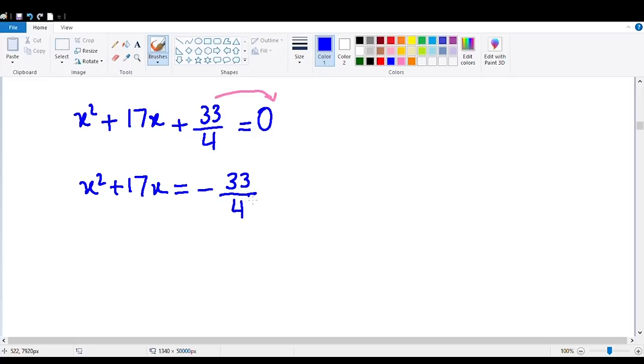So basically, if you get rid of the fraction over here, you're going to have to get into fractions afterwards, because if you multiply by 4 everywhere and you take the constant to the other side, then you need x's coefficient to be 1 for this method to work. So you're going to have to take it to the other side. You're going to have to divide it anyway, so no point.